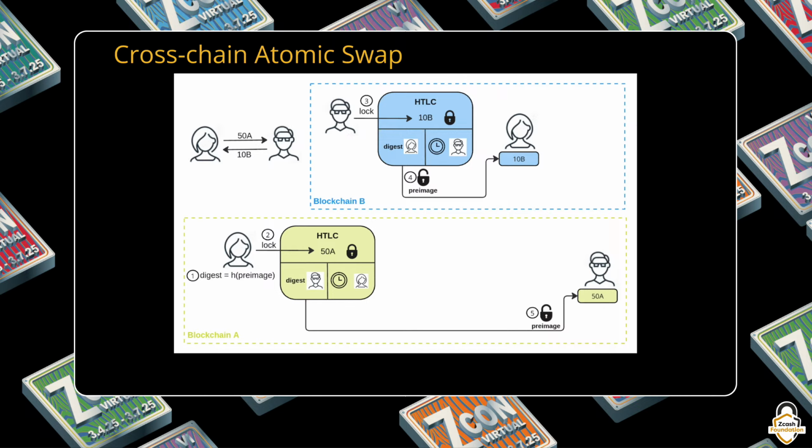When she spends this 10 of asset B, she will have to publicly reveal the pre-image on blockchain B. Bob will listen to all transactions on blockchain B, so he will see the pre-image. And with this pre-image, he will be able to unlock the first HTLC contract and spend the 50 of asset A. So this is how we could create a cross-chain atomic swap from HTLC.